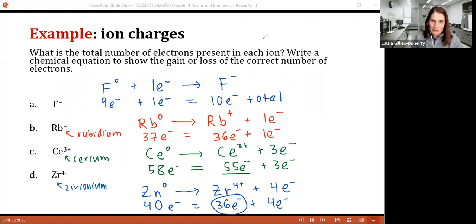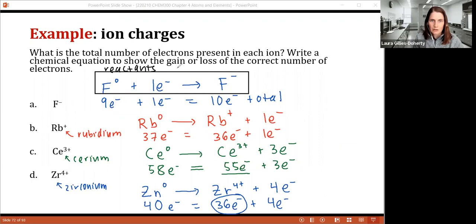It's also giving us some of our first examples of writing chemical equations. When you write a chemical equation, you put what's called the reactants on the left side of the equation. You have an arrow that shows there's some chemical change happening, and then you write the products on the right side.